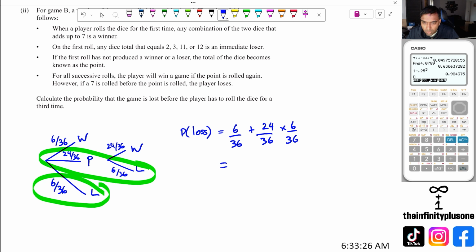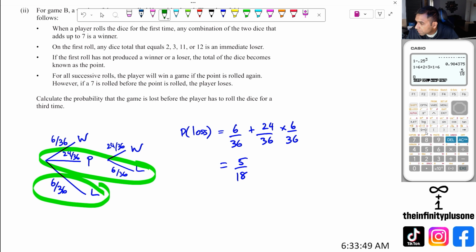So working that out, we've got 1 over 6 plus 2 over 3 multiplied by 1 over 6. And that gives us 5 over 18 or 0.277. Yeah, 5 over 18. That's the probability.